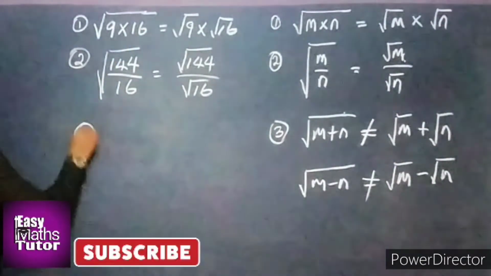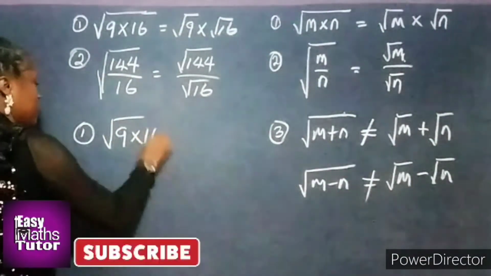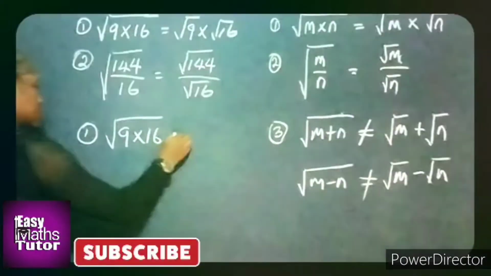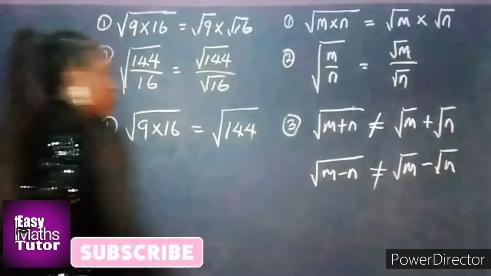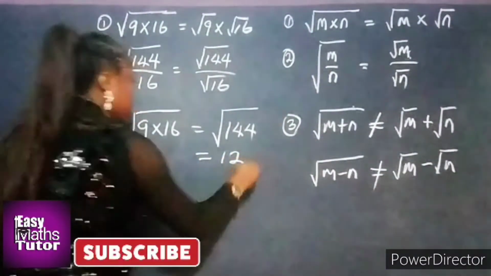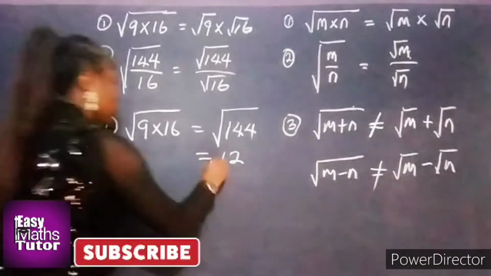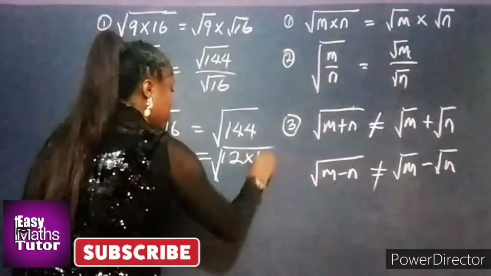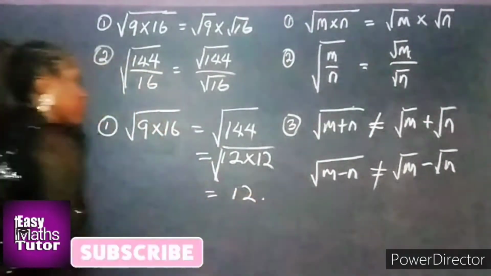So for the first case, root 9 times 16, right, will give us 144. All right? So the square root of 144 gives us 12. Or we'll say 144 is 12 times 12, therefore the square root is 12.